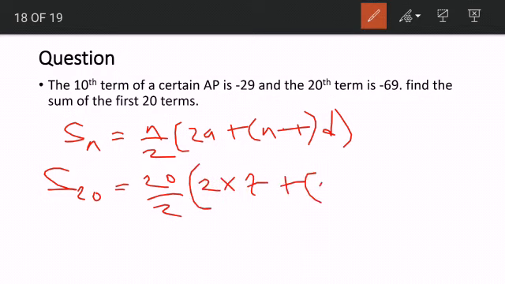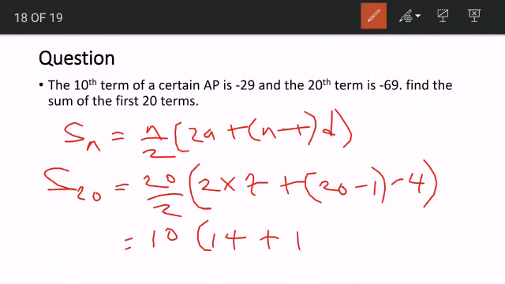Then plus n minus 1, that means 20 minus 1 times d. Our d, we got minus 4. So this is going to give us 10 into 2 times 7 is 14, plus 19 times minus 4, okay? So that's going to give us 10 into 14 minus 76, since 19 times minus 4 is minus 76.